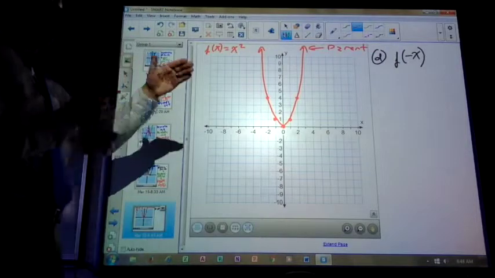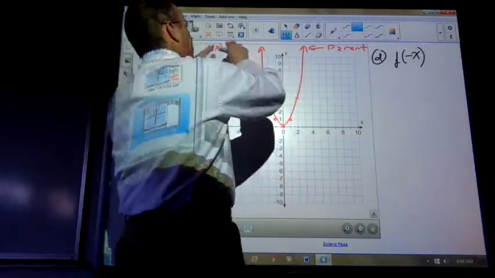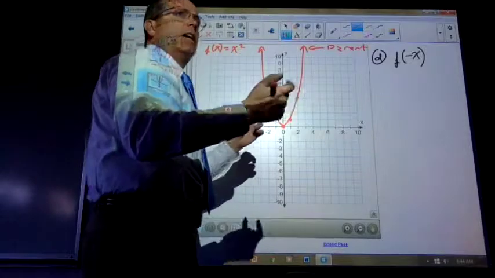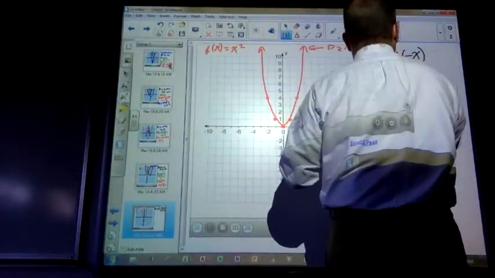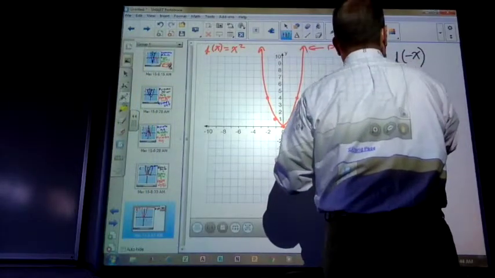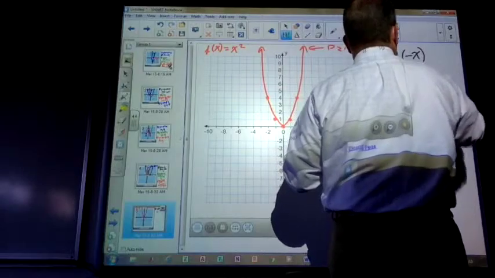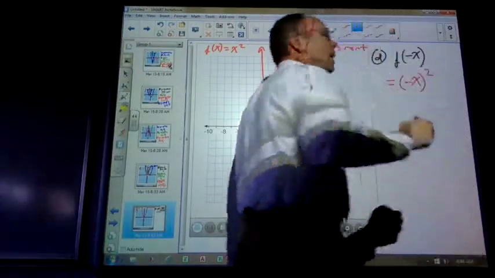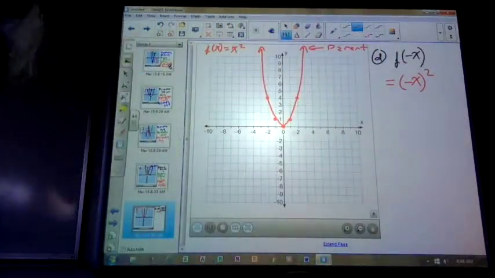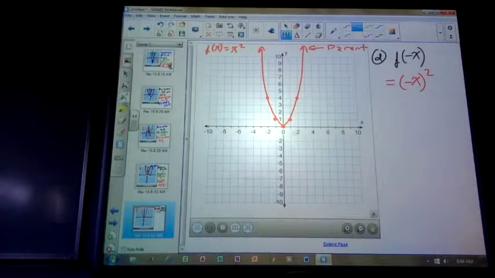What f at negative x means is I'm going to replace any x's in our problem with negative x. So f at negative x means I'm going to go negative x squared, not to be confused with negative x squared. The negative x is in parentheses because I'm plugging it in.